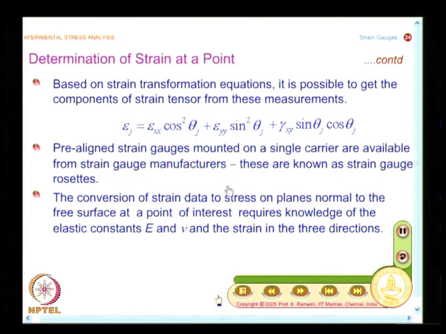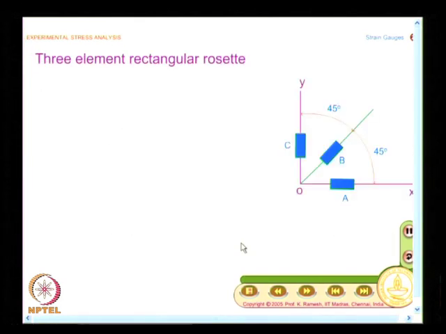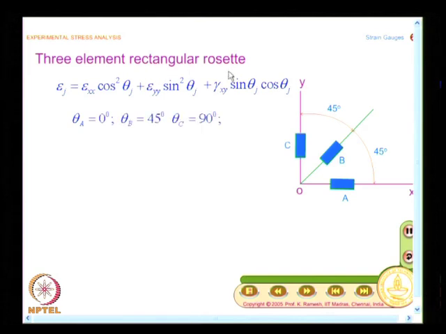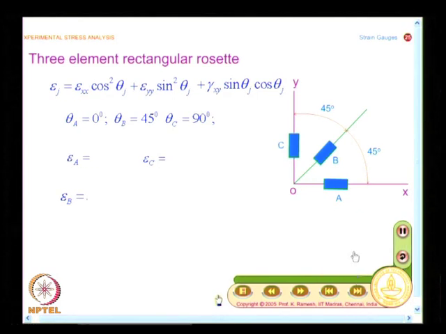And let us see two famous configurations of the rosettes. One of the rosettes is called a rectangular rosette. It is primarily because I have a strain gauge along the x axis, the second strain gauge at 45 degrees, and the third strain gauge along the y axis.